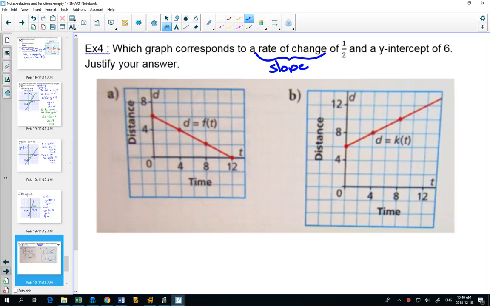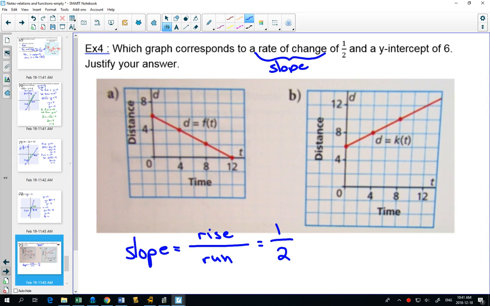It would sure be nice if one didn't have a y-intercept of 6, because then we could right away say what it is. So we have to use slope. And what do we know about slope? Slope is equal to the rise over the run. And in our case, the rise has to be 1, the run has to be 2.